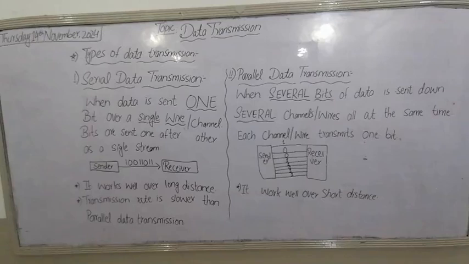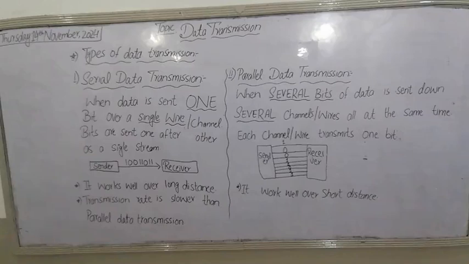All right. So let's move to the second type of data transmission, that is parallel data transmission. But before moving to parallel data transmission, there is one more point I want you to note down related to serial data transmission. When the data travels from sender to receiver, the receiver gets it fully synchronized.